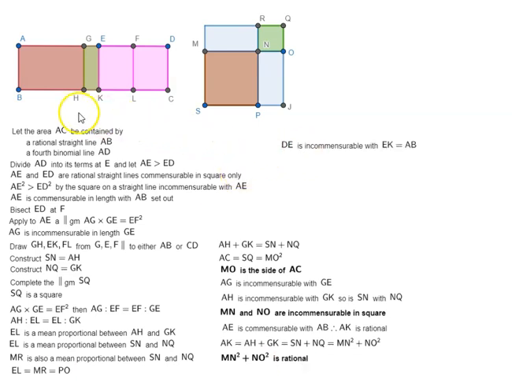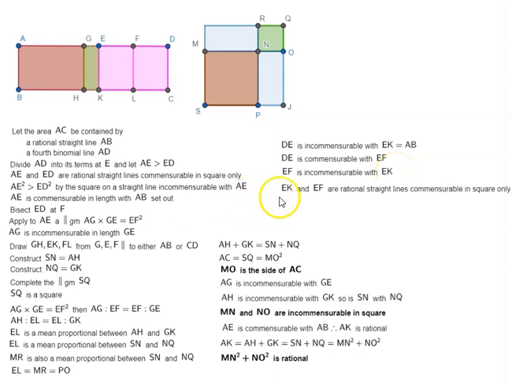Okay. DE is incommensurable with EK, which is actually equal to AB. So we can say DE is incommensurable with AB. Now DE is commensurable with EF. Why? Because DE is a multiple of EF, since F is the midpoint. EF is incommensurable with EK.